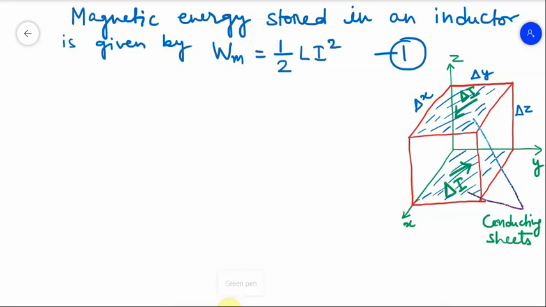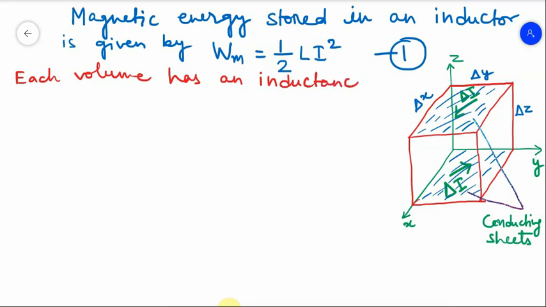Now let us proceed further. Each volume has an inductance, and that is del L equals del psi upon del I, because psi equals L into I, we know it, where phi is the flux.